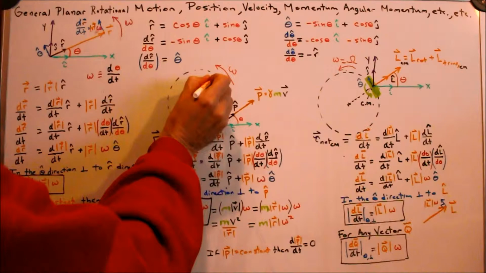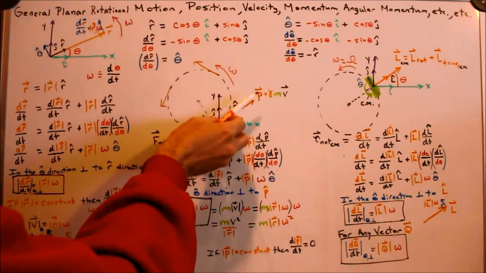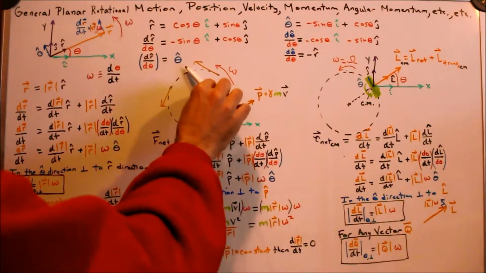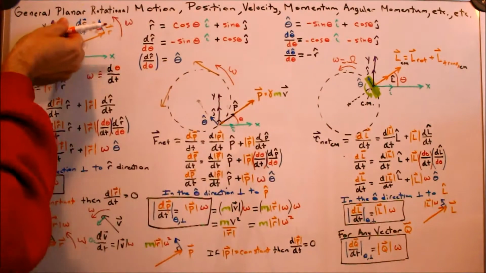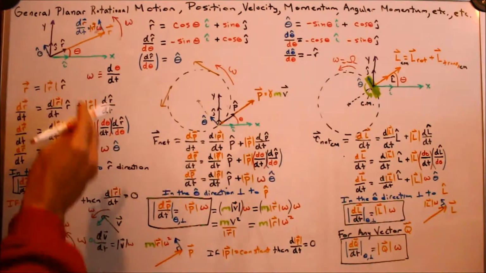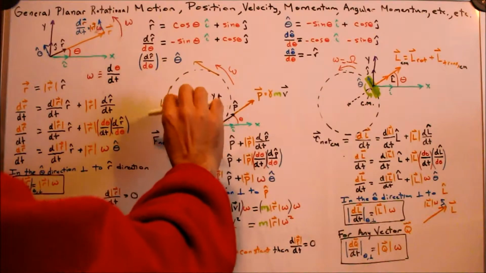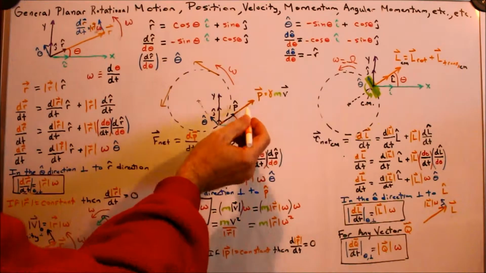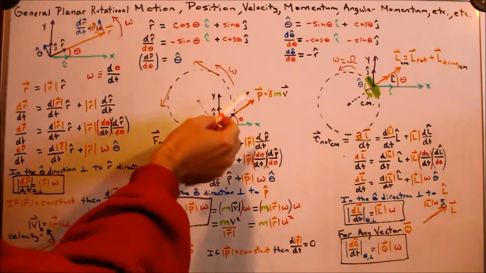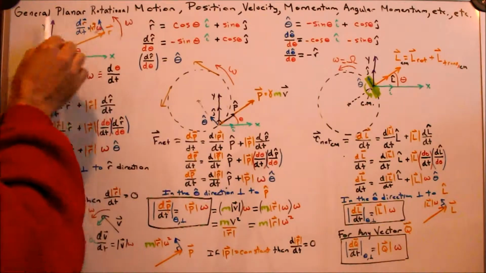At some other moment of time, p would be here, and at some other moment, maybe there. So this p vector is rotating around, just like my r vector was rotating around, or my velocity vector. This p vector is rotating as a function of time, and here I've drawn it at one instant in time. I use the same nomenclature here.